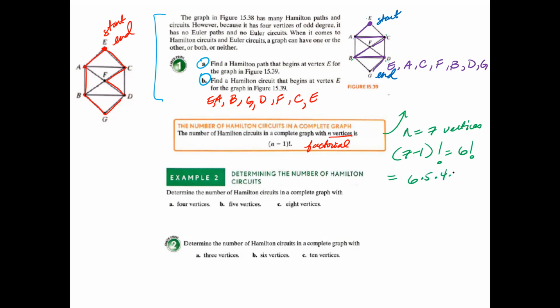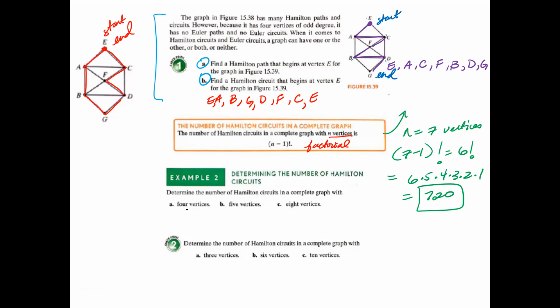Which means 6 times 5 times 4 times 3 times 2 times 1. And grab your calculator, and this is going to give you 720. Okay, so now that we've done that, let's go ahead and go on to example 2.